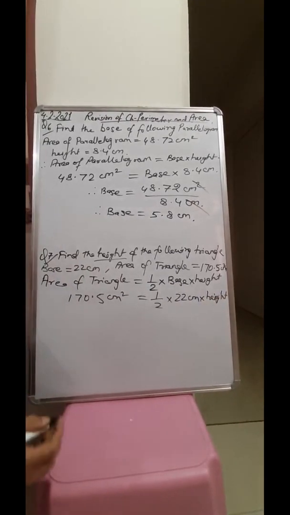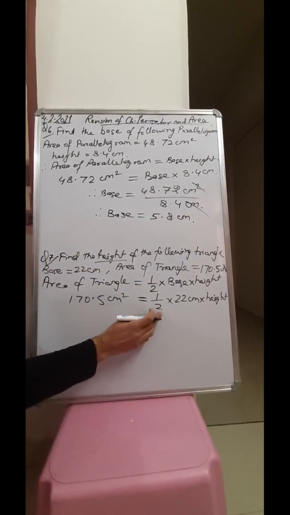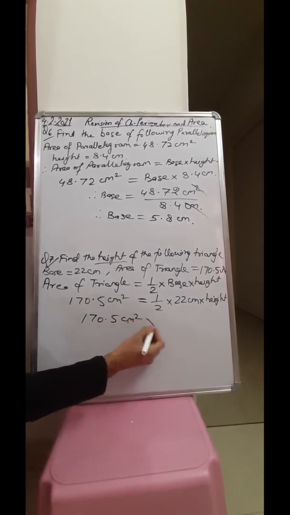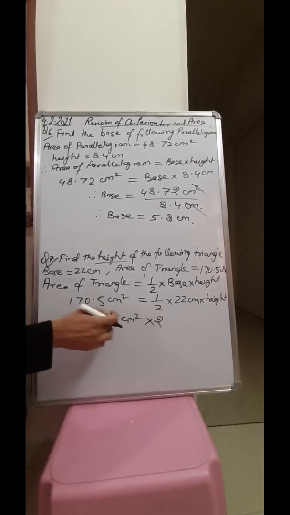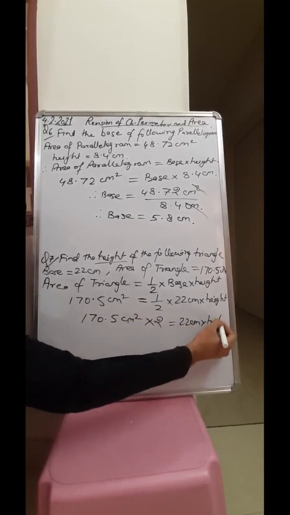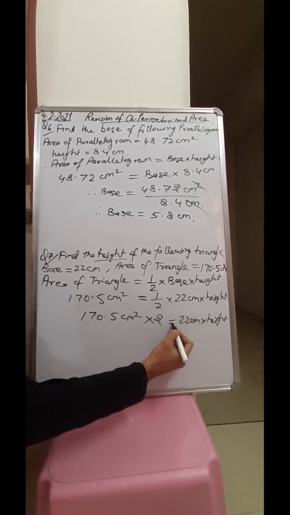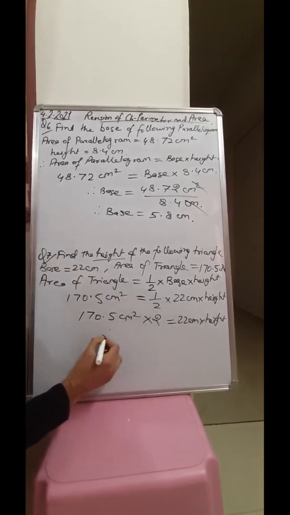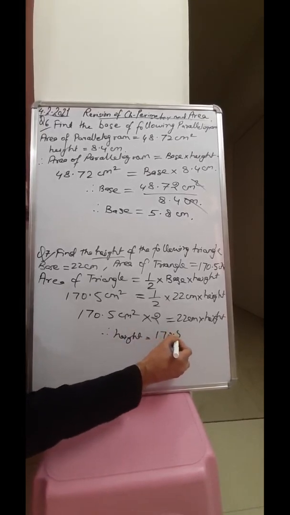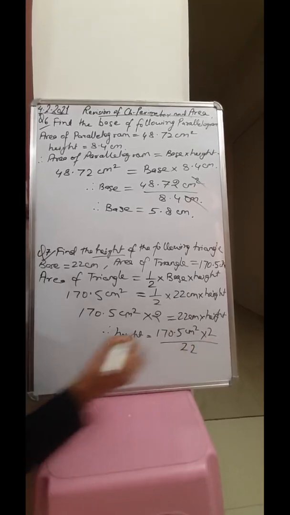So now what will happen? This 2 on the right hand side of equal is in divide. So this 2 will go and get multiplied by 170.5 centimeter square, equal to 22 centimeter into height. And now to find out height, since it is getting multiplied by 22 centimeter, height will be equal to 170.5 centimeter square multiplied by 2 and divided by 22.